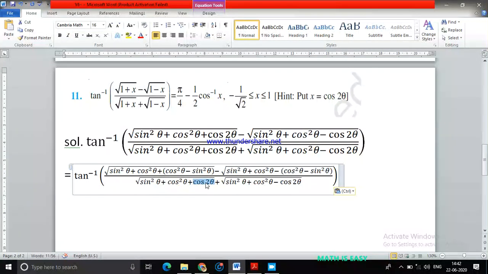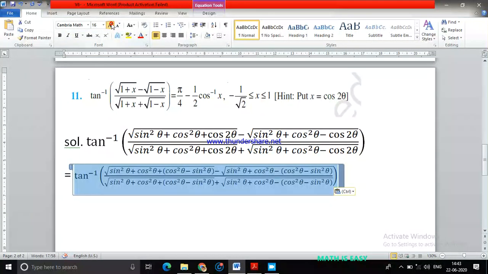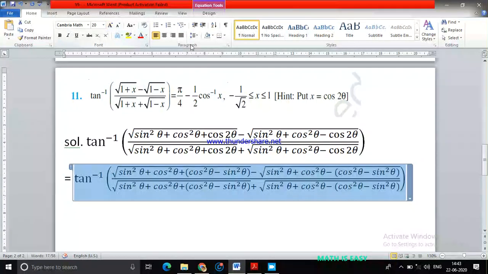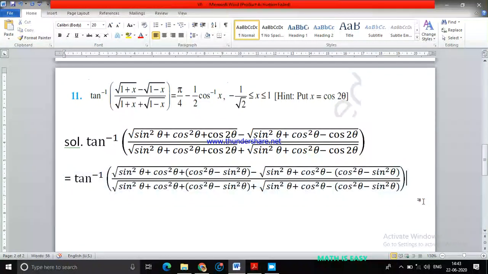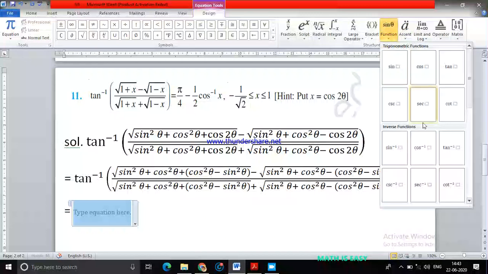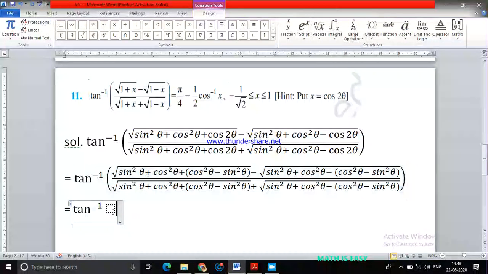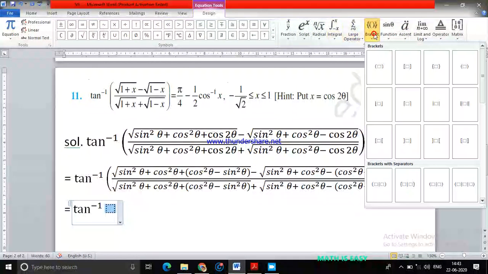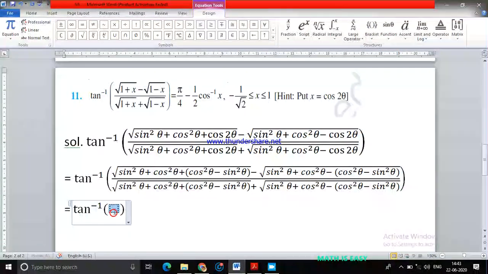Even here also I do the same. So in each and every step I replace cos 2 theta with cos square theta minus sin square theta. Now what we have to do is see what terms are getting cancelled and what terms are left out in the numerator as well as in the denominator. So just a minute.